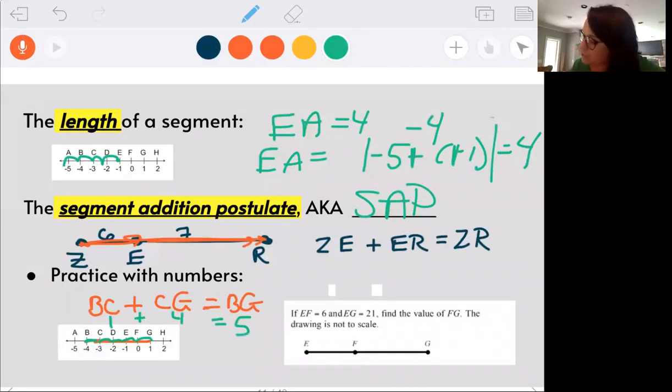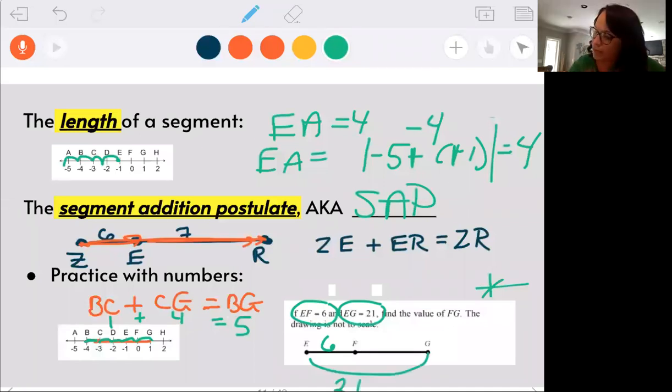When you're using the segment addition postulate, you just got to really watch where these lengths go. Again, you should be pausing, putting this in your notes. If from E to F is 6, and from E to G is 21. Now, E to G is the whole way across. That would be like if I erased this 7 from Elk River to Rogers and told you the whole way across is 13.